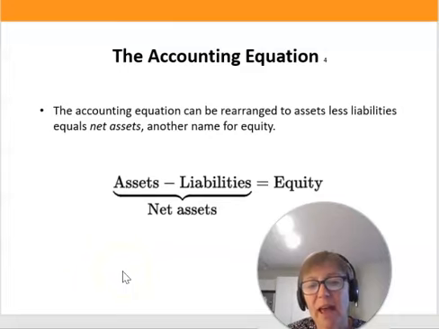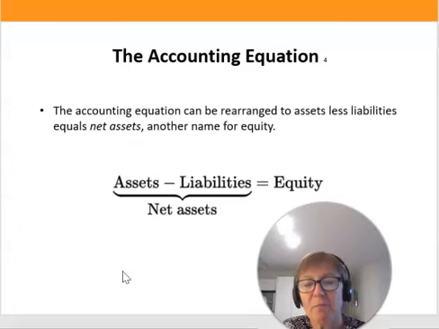Another way we can look at it is assets minus liabilities tells us how much equity we have in the company. So how much we own, our assets, minus how much we owe, our liabilities, tells us how much our company is worth, or the value, the equity.